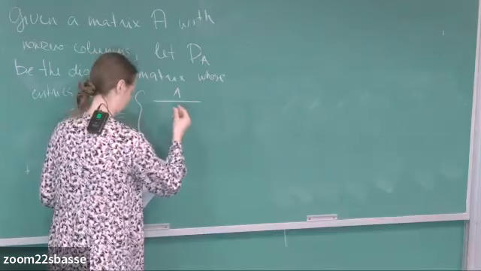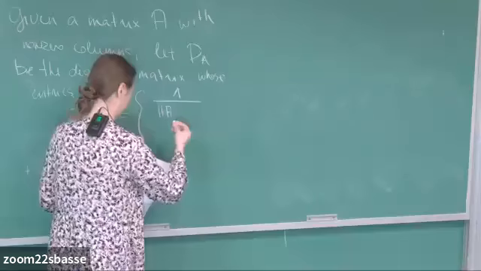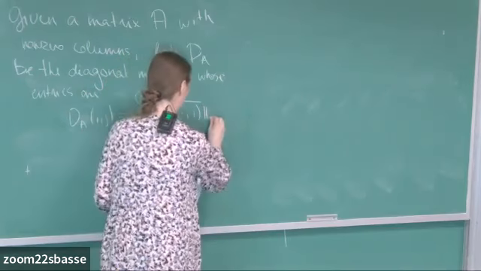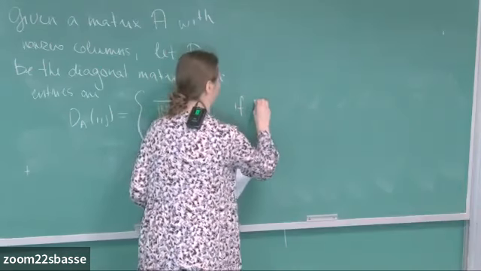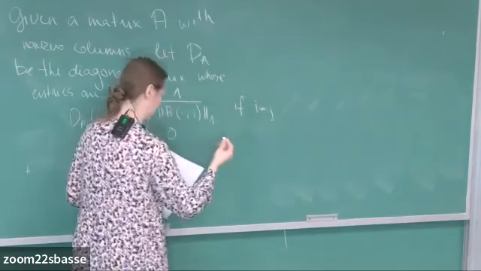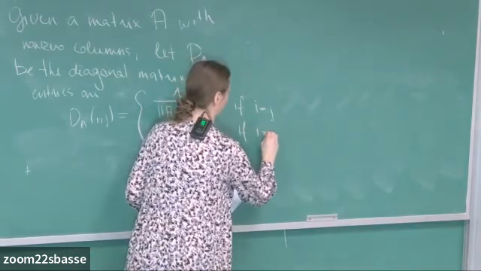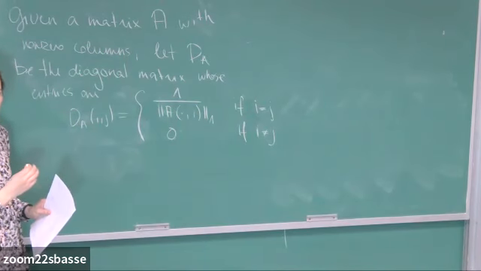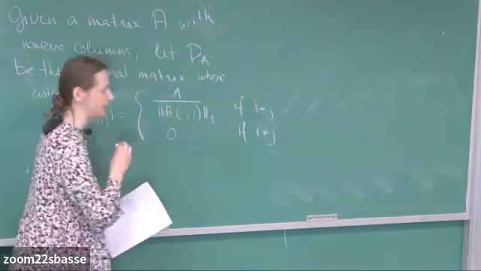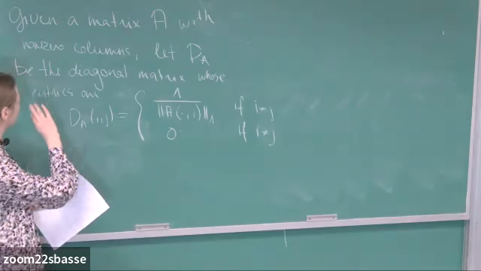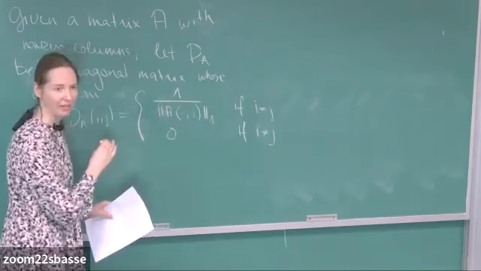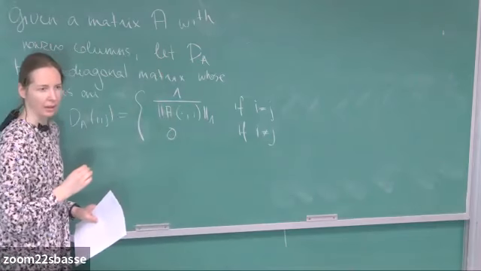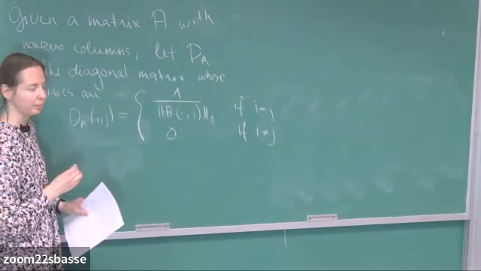So what I have written here is the one norm of the ith column of A. And because A has non-negative entries, okay, I didn't say that, but let's say in our case the matrices will have non-negative entries, then this is nothing else than the sum of entries in the ith column of A.